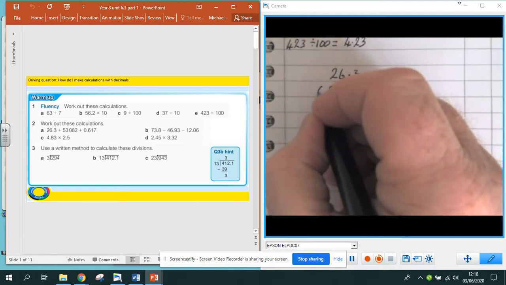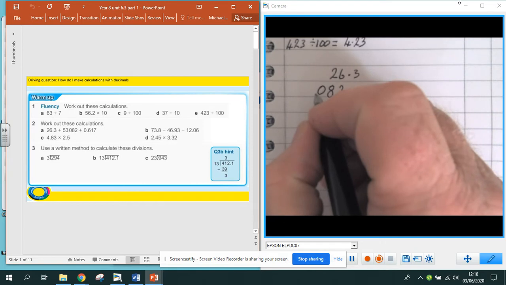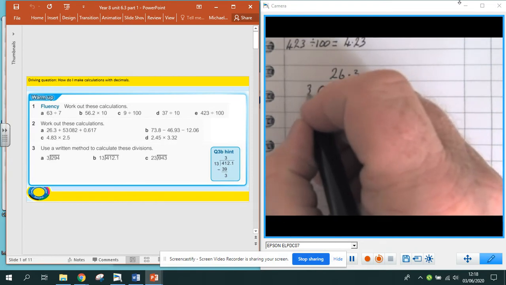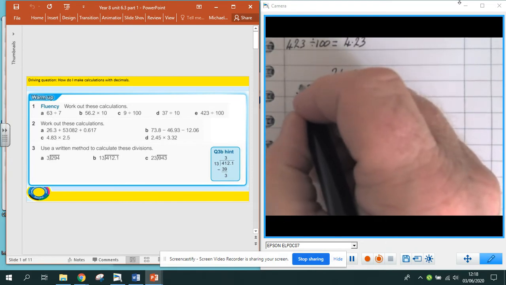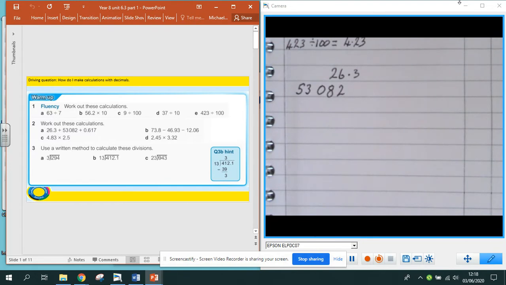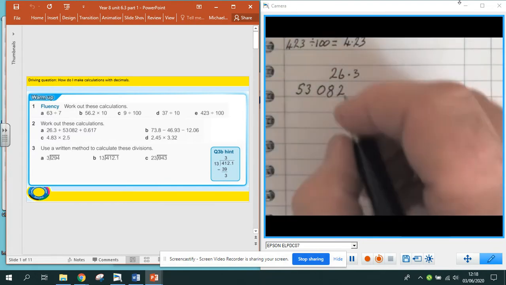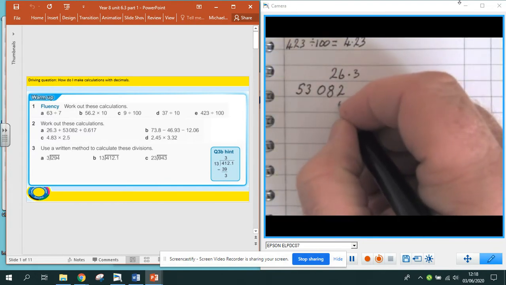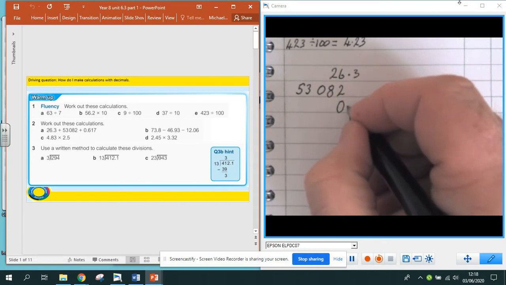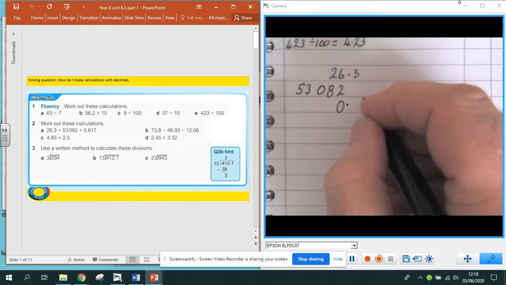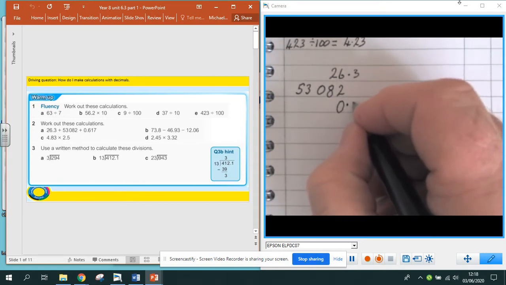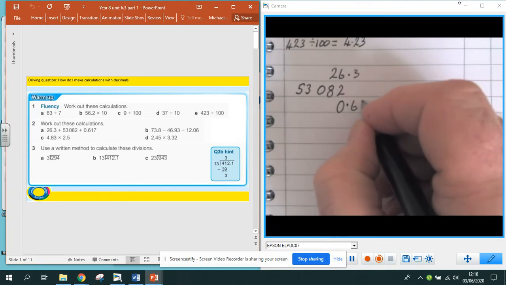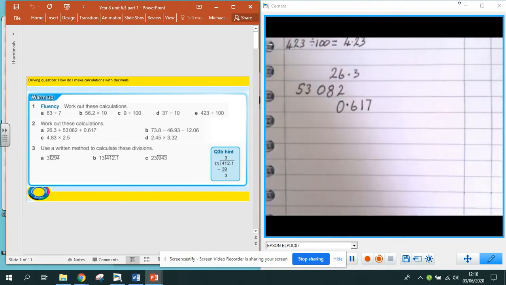There are no hundreds, 3,000s and 5 10,000s. And my last number is a number that's less than 1, so there's going to be a 0 in the ones column and 617.